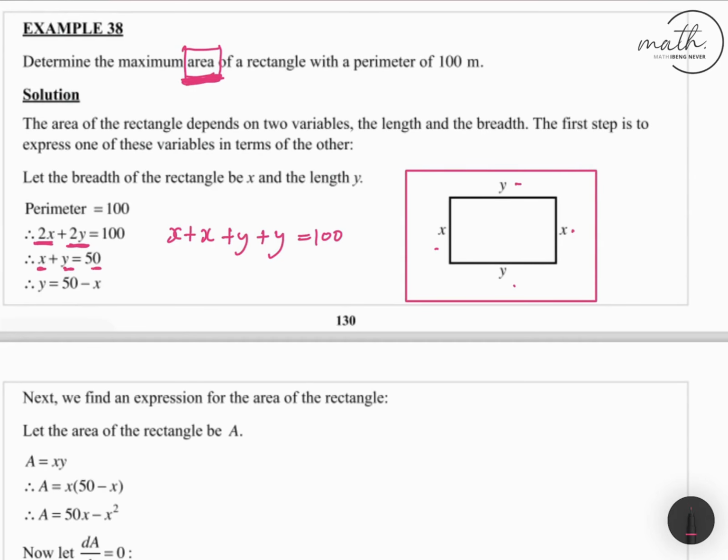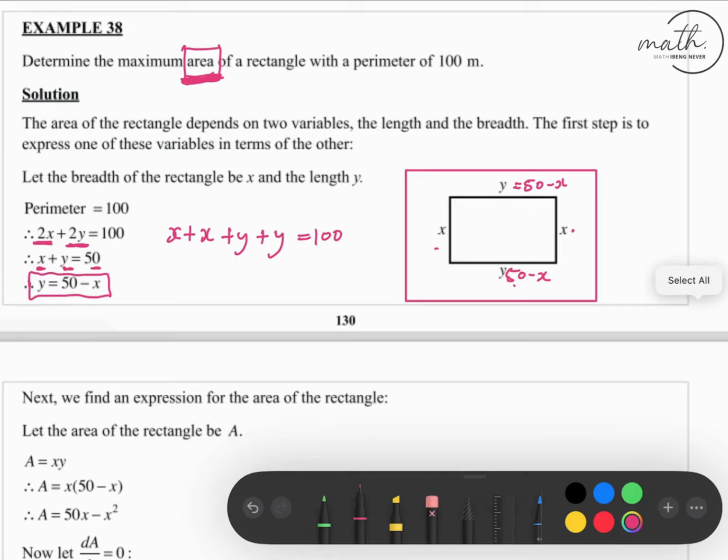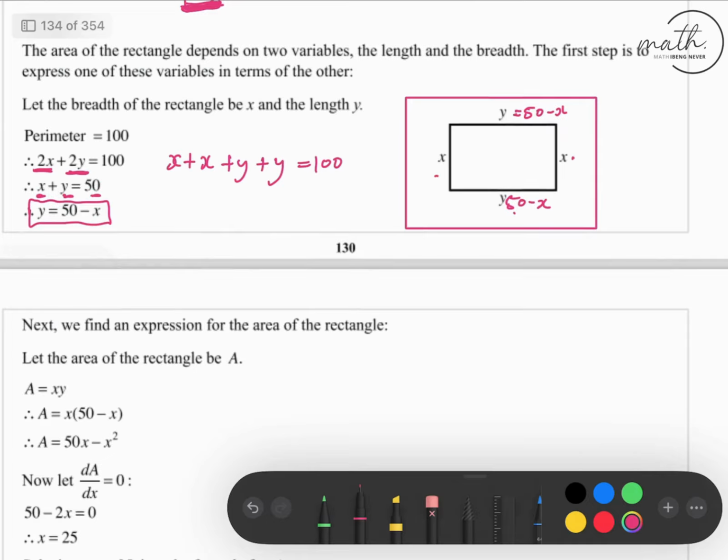Then make y the subject of the formula, and you get that y is 50 minus x. So here you can write 50 minus x, so you can remove the y's and have the same variable everywhere. Now if you want to find the area, remember area is length times breadth, or this side times this side.